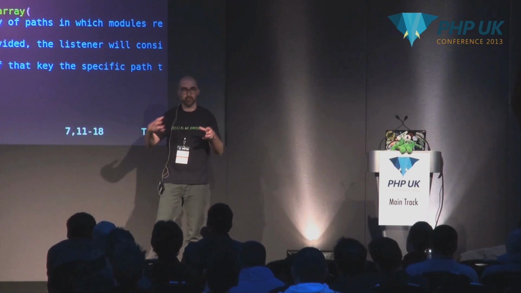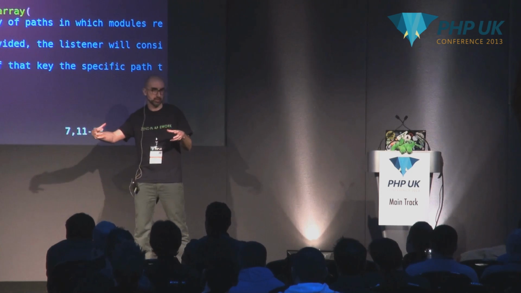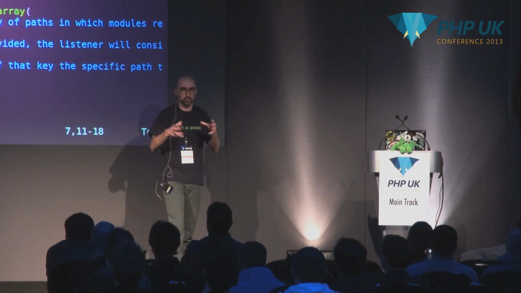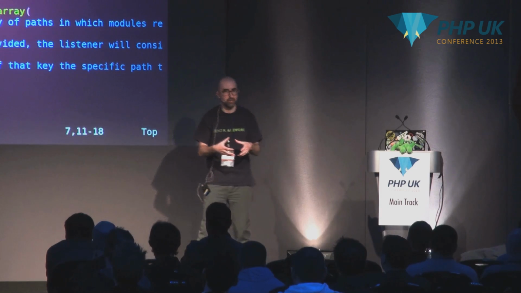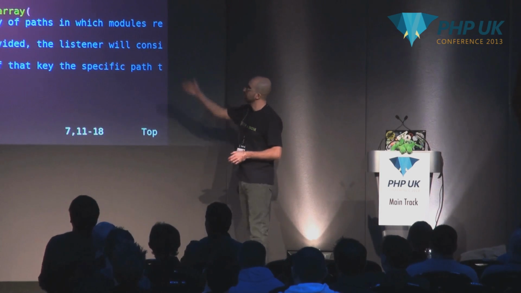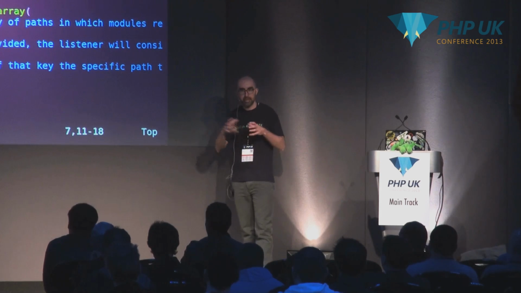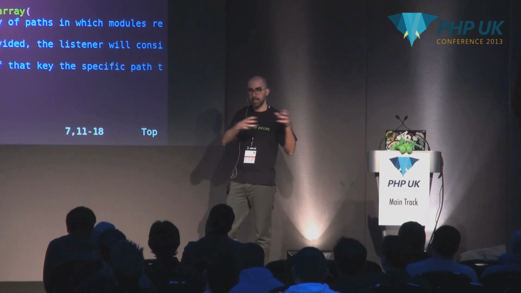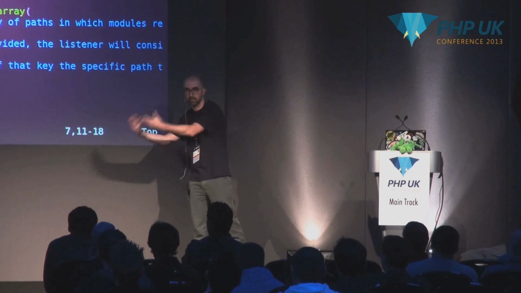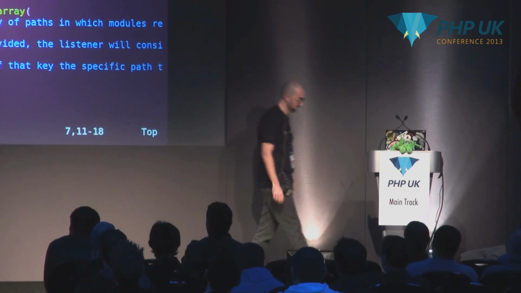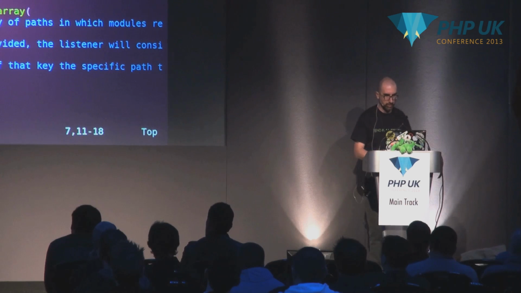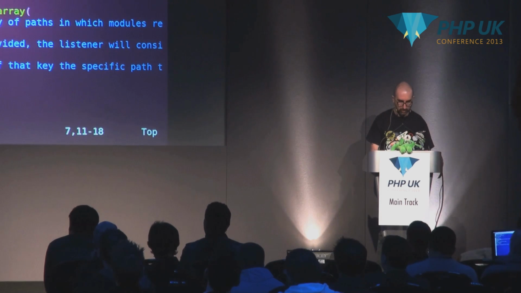So you can have dependencies between modules, because you cannot think to write everything inside one module. In order to use ZFC user, we need ZFC base. The dependencies of the files are managed by Composer, but now we have to inform even the Zend Framework 2 application that we have two modules here.